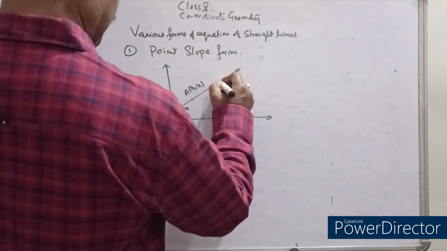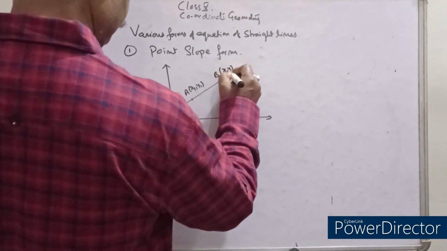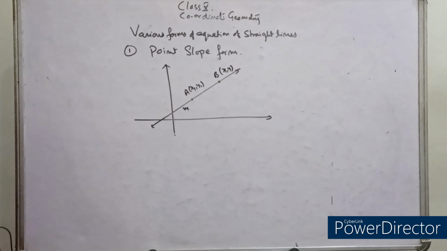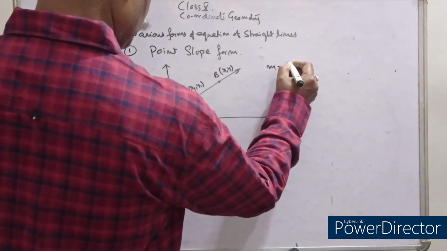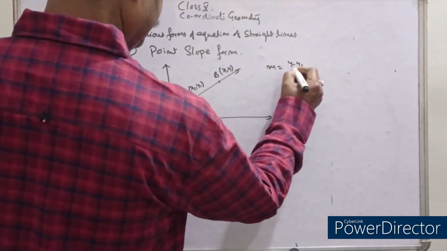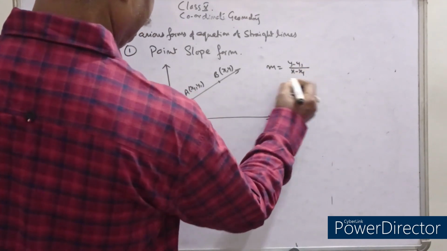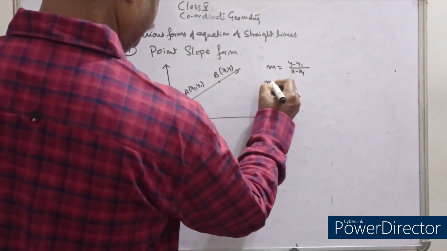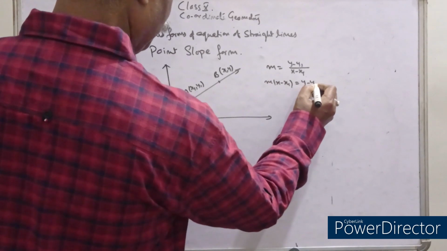Now we take another point, that is B, this arbitrary point x, y. So here the slope m will be equal to y minus y1 divided by x minus x1. So m times x minus x1 is equal to y minus y1.